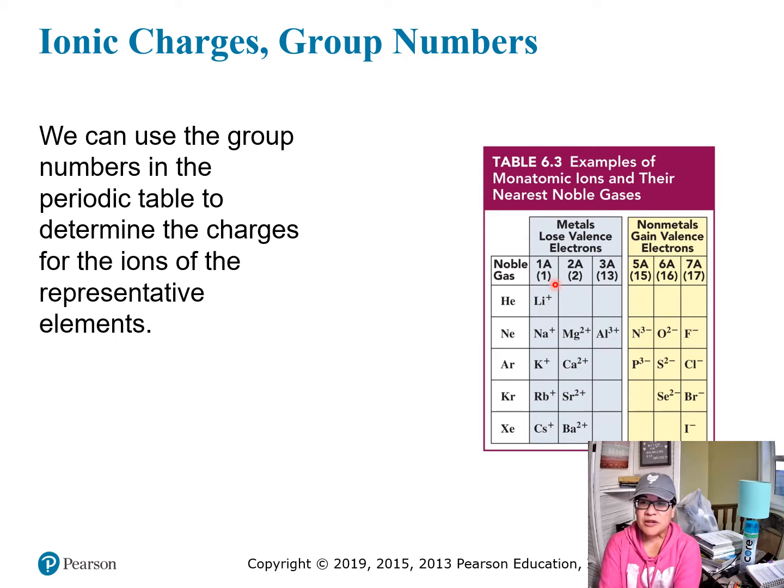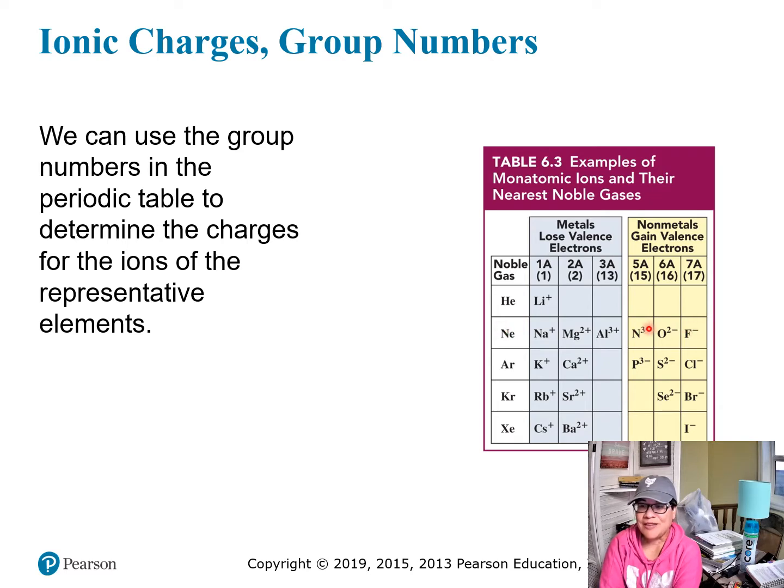Here are some other examples, just ordering them in groups 1, 2, and 3 with metals, and then nonmetals, groups 5, 6, and 7. And then your noble gases, remember they have 8 outer electrons, so they're not going to usually gain or lose any electrons. But what this also shows us is that these guys, when they lose their outer electrons, they're going to become like neon.